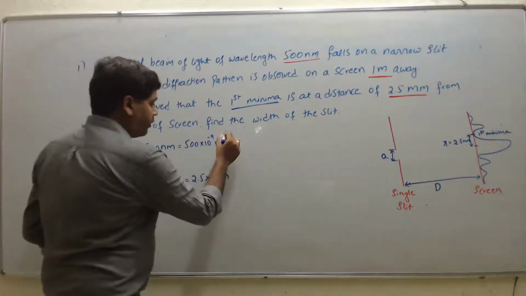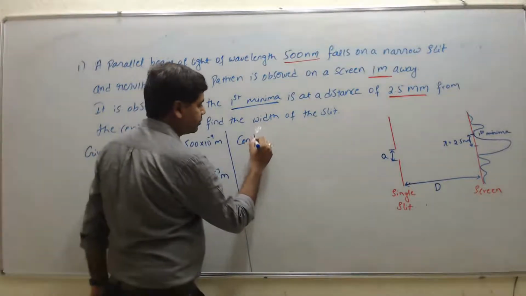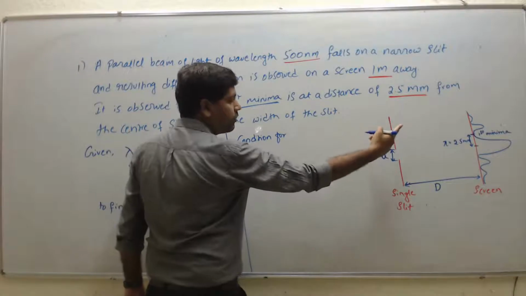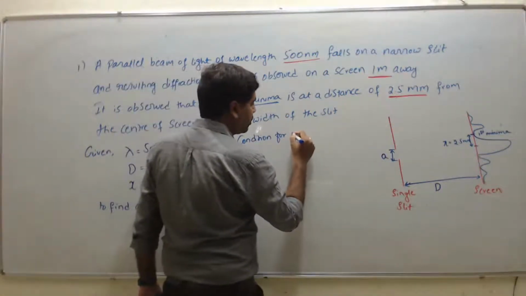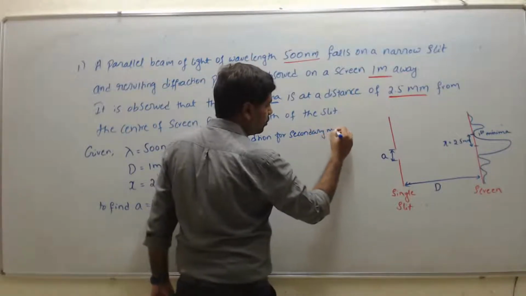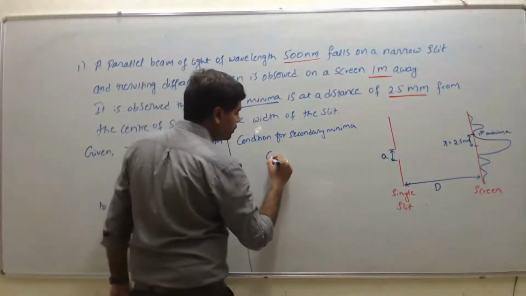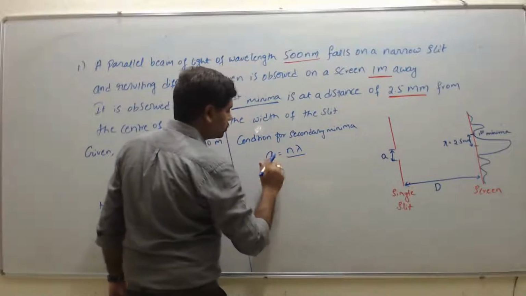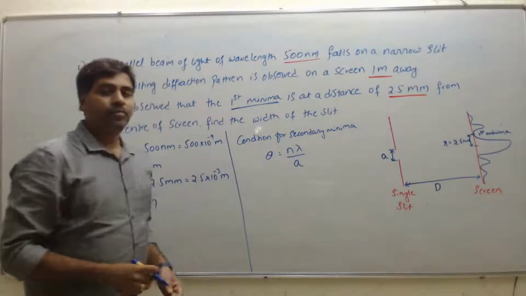For that, we first have to write the condition. Since they have given the distance of a minimum, we write the condition for secondary minima. The condition for secondary minima is theta is equal to n lambda divided by a.